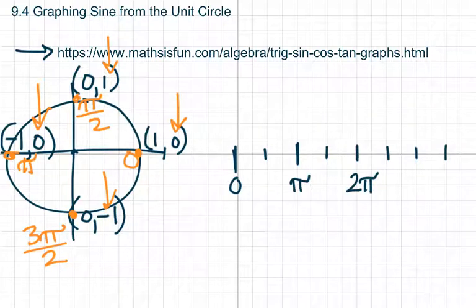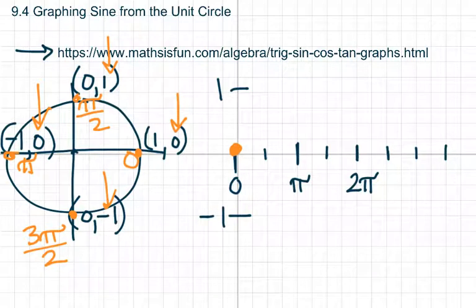Then if I drew the corresponding points along a graph, at 0, the sine value is 0. At pi over 2, I should mark these two. I'm going to call this 1, and I'm going to call this one negative 1.